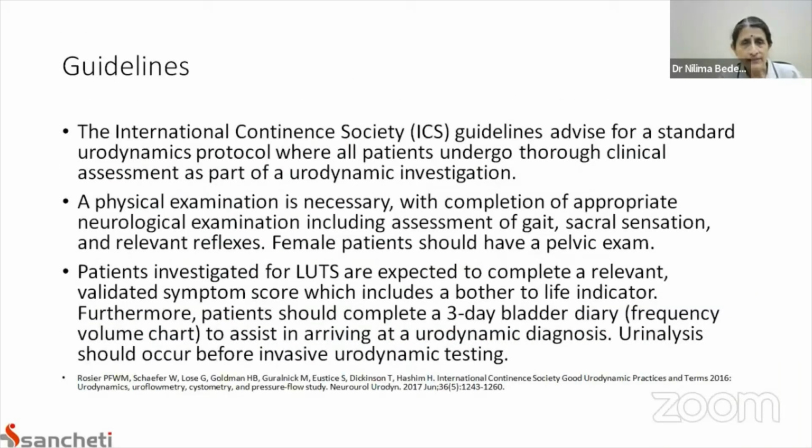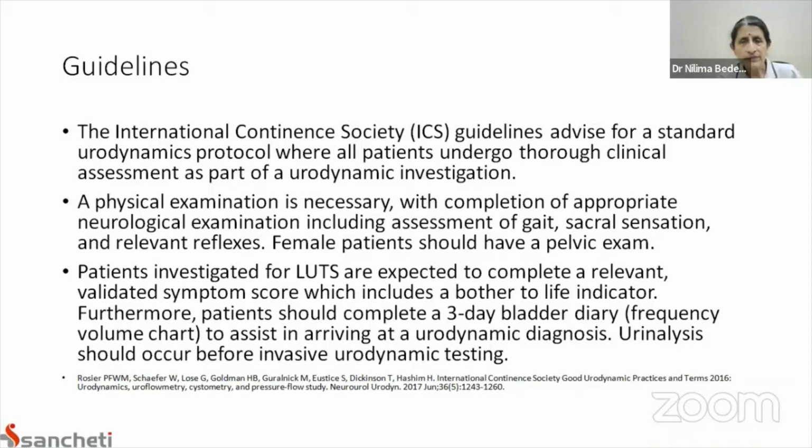There are guidelines set by the International Continence Society on the advice on urodynamic protocol, on when to undergo these urodynamic investigations. For every patient, it needs to be a thorough evaluation: the urological examination, gait assessment, sacral sensations, and relevant reflex testing.